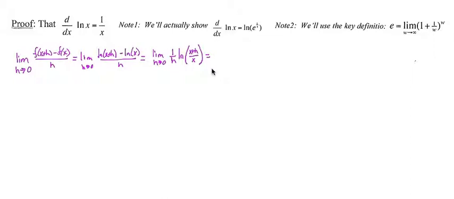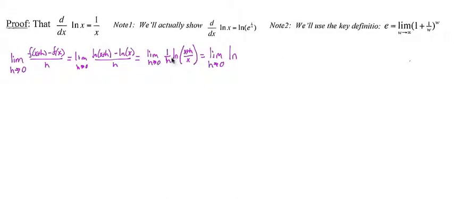So we will rewrite this. Oops, we want to be using the correct pen here. Give me a second. My apologies. All right, here we go. We want the limit as h approaches 0. And we're going to do again a log rule, the exponent log rule. So we're going to take this 1 over h and we're going to make it the exponent here. Right, so we're going to have this form 1 plus something over something else raised to a power.